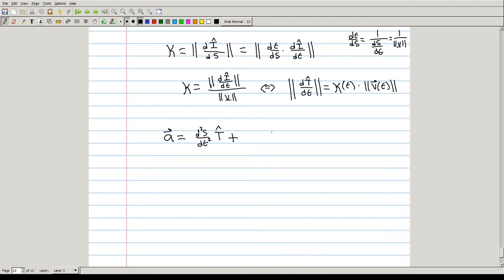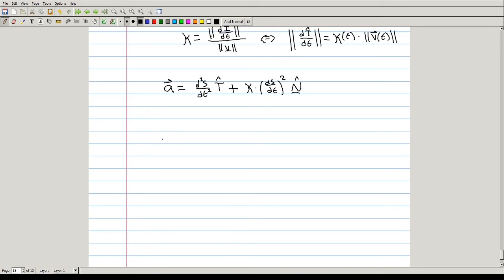This is the tangential component of the acceleration plus the normal component of the acceleration, which was the curvature times (ds/dt) squared times the unit normal vector n.